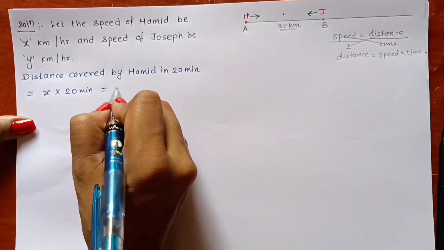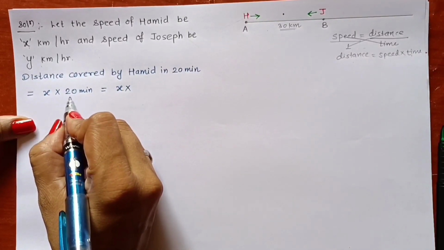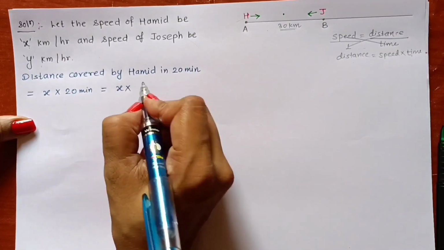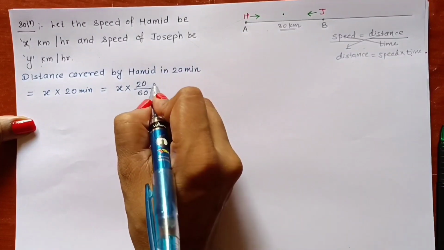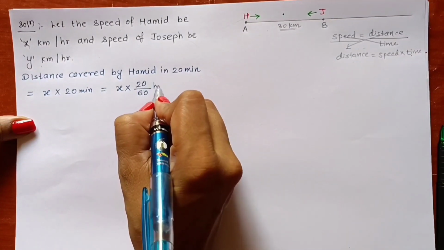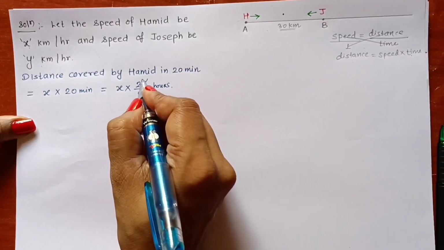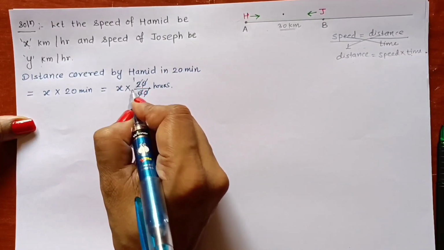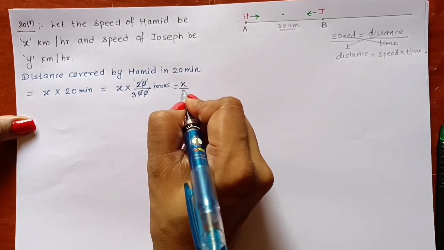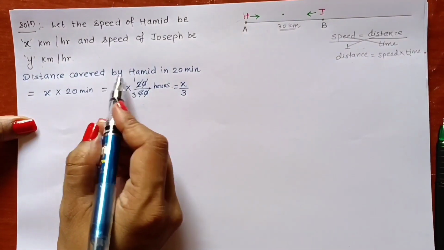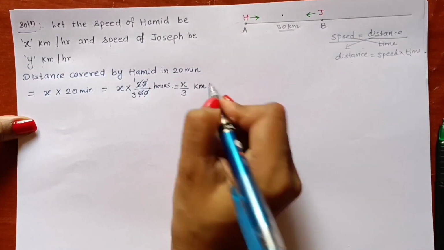For that we divide the minutes by 60, because 60 minutes is 1 hour. So it is x multiplied by 20 upon 60 hours. Cancel the zeros, 2 1s are 2, 2 3s are 6, so 1 upon 3. So x into 1 is x upon 3, the distance covered by Hamid, in kilometers.